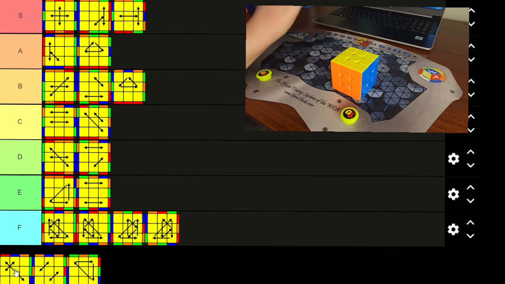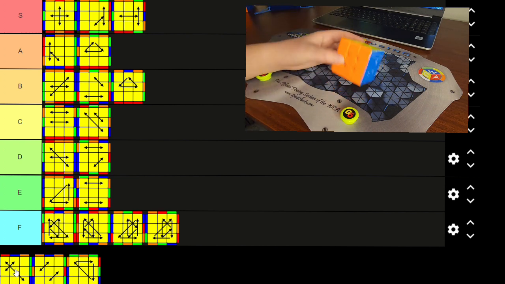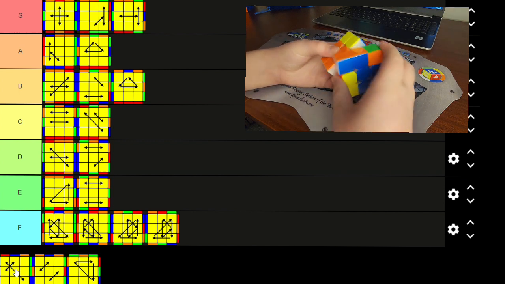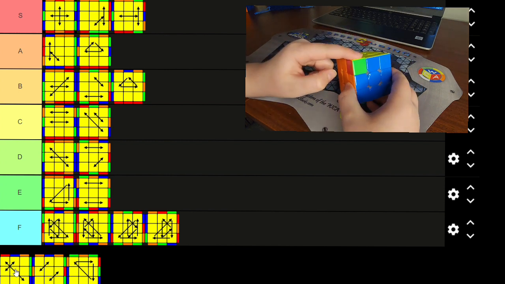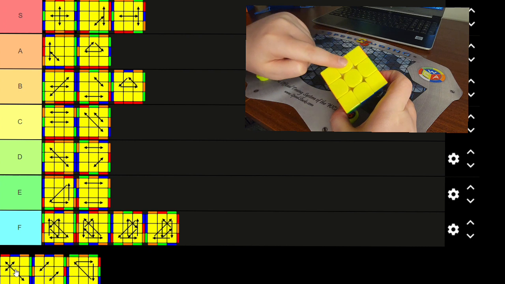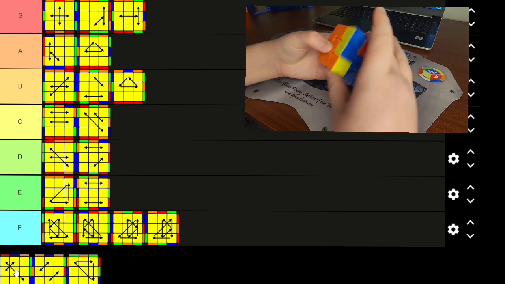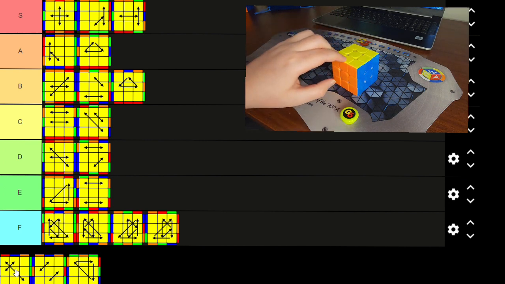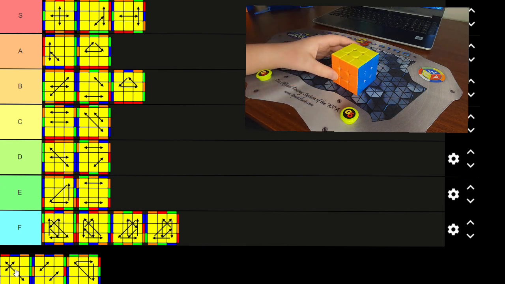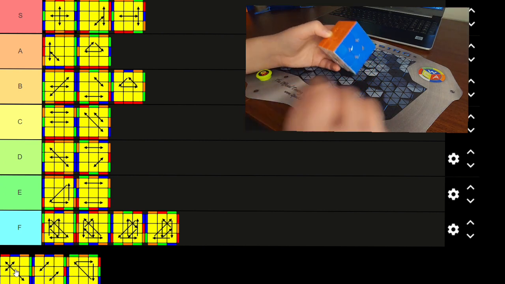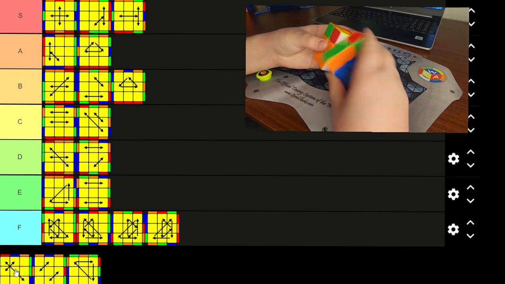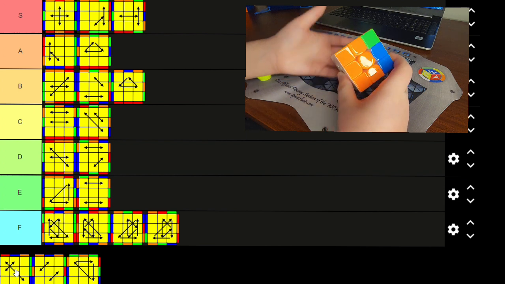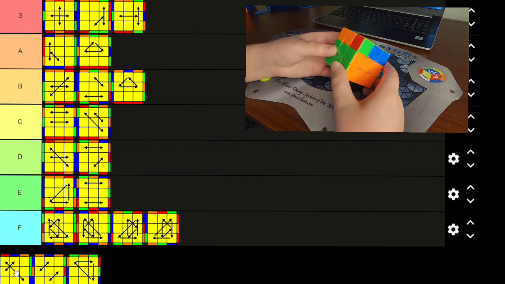Okay, now on to Y perm. Okay, Y perm is pretty easy. It's done like this. It swaps this corner and then these two edges. So to recognize it, there will just be these two bars on the side, and that usually takes me a while to recognize because if it's off center, I usually check for headlights or something like that.